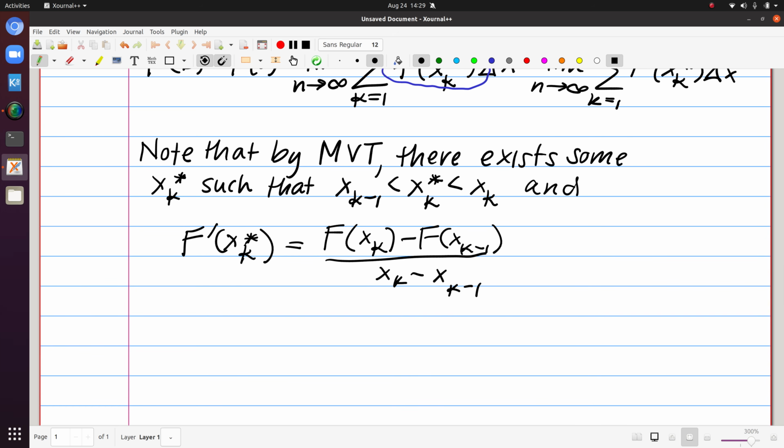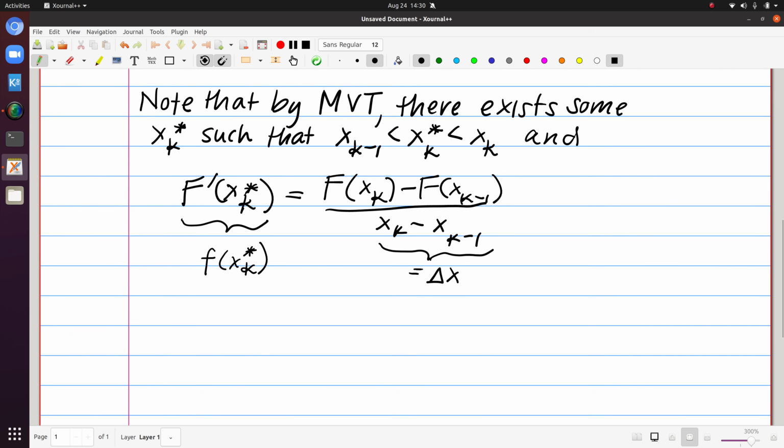Okay, a couple things we can do here is point out that this denominator is exactly how we define delta x. So the distance from xk minus 1 to xk, that's the width of the rectangle. So I can replace that. And the other thing we can observe is that capital F prime is f of xk star, like we saw before.